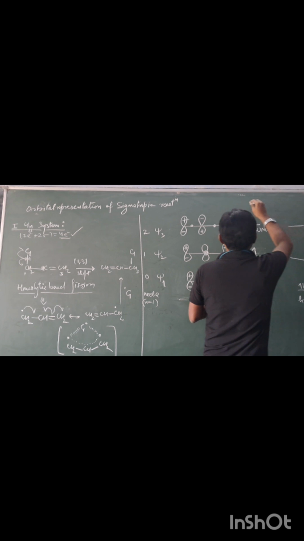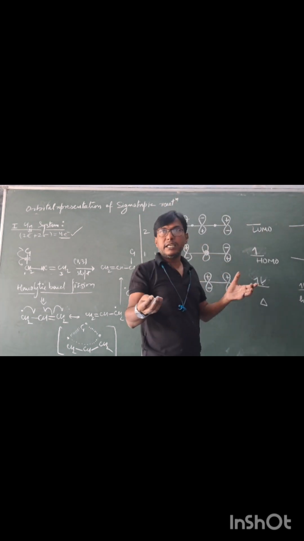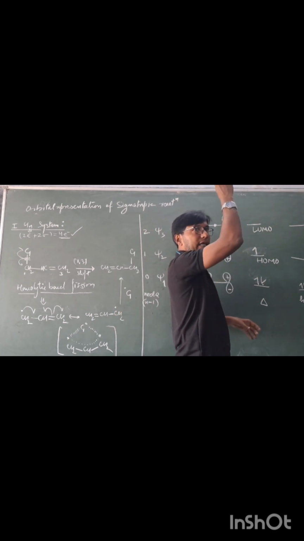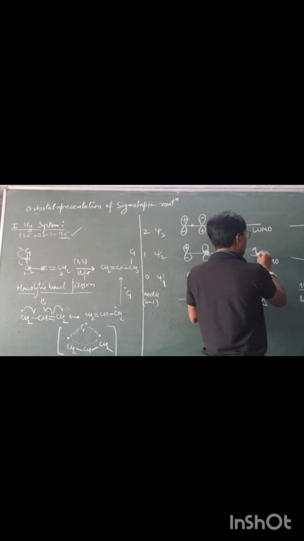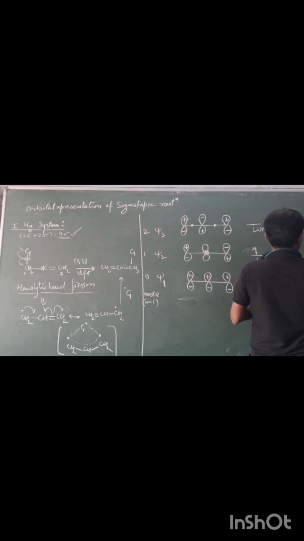Therefore, if psi 4 exists, all the higher energy levels will exist hypothetically. So this electron will jump into this position. So this is now HOMO and this will act as LUMO.